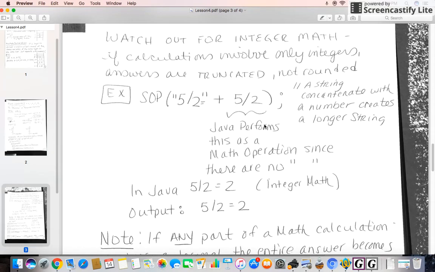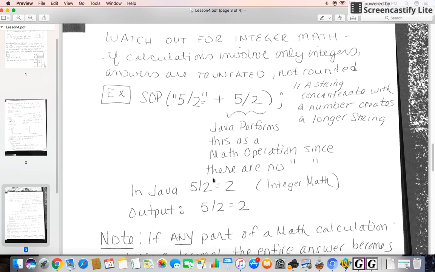So Java performs this as a math operation since there are no strings. Also note, whenever I have a string, which I do, concatenated with a number, all this does is create a bigger string. So let's go through the math operation.